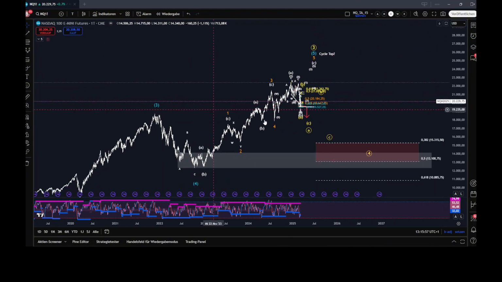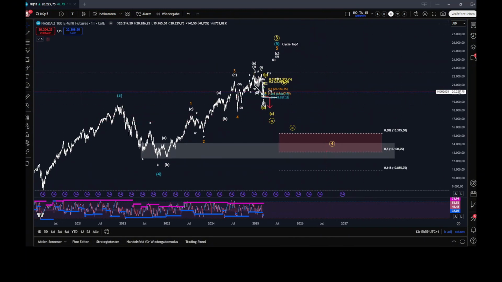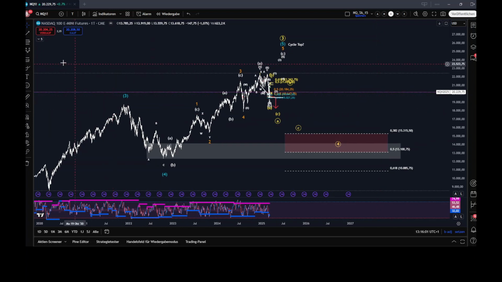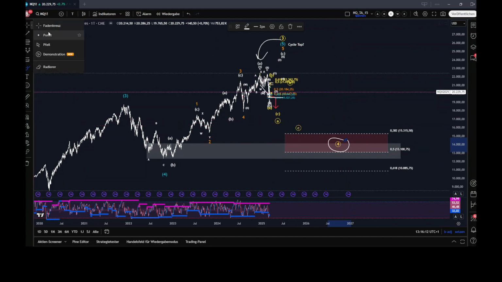If we consider, and I want to just take a look at the Fibonacci time zones, because this is also very important. When we consider that all is done here, and we are already in the primary wave 4 pullback, I'm going to put this here.